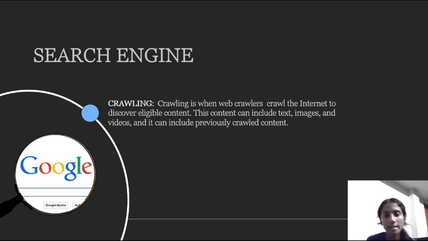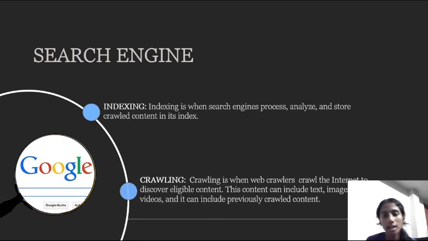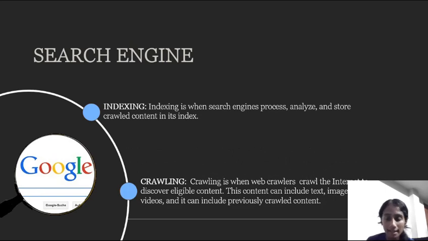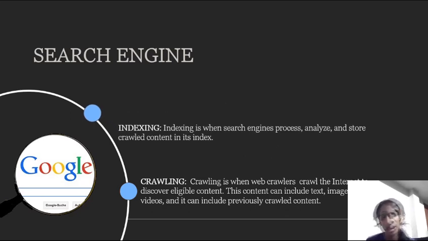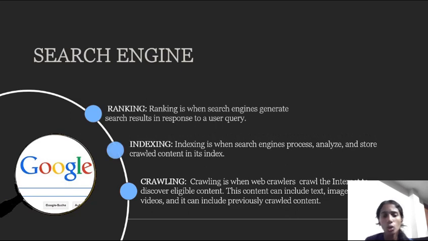After that, it does indexing. It analyzes and processes the crawled information and puts an index on it. And then it will rank. Which is more relevant to you? If you have searched some topics related to TOC and you type theory, then you're most likely to get theory of computation.